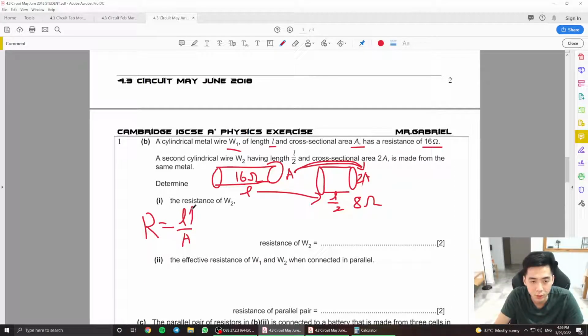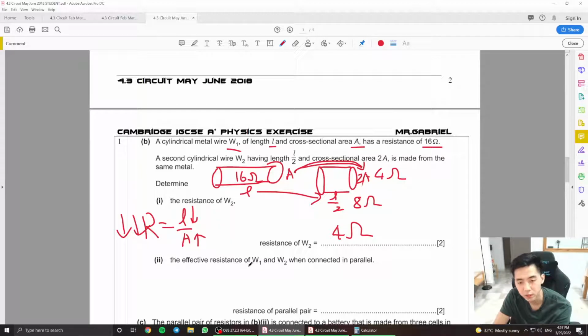When the length decreases, the resistance decreases. When the area increases, the resistance will decrease as well. So comparing A with 2A, it doubled in area, so I'm going to halve the resistance again, which will ultimately become 4 ohm. So my answer is obviously 4 ohms, just by doing simple comparisons.